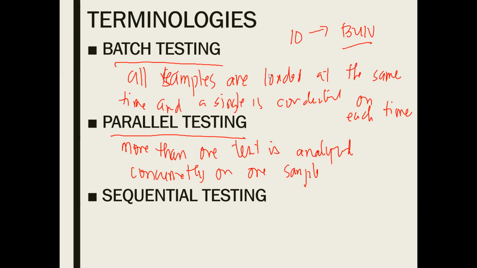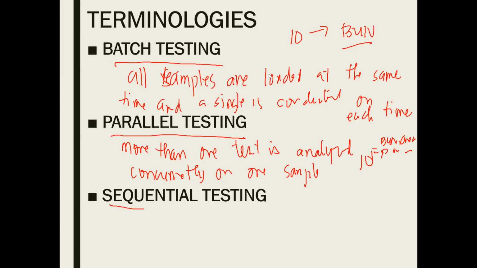Yung parallel testing, kung mayroon po tayong 10 sample, no, at each sample ay mayroong BUN, CREA, or mayroong FBS, BUN, CREA, kaya na pong gawin yon at the same time for a single sample.